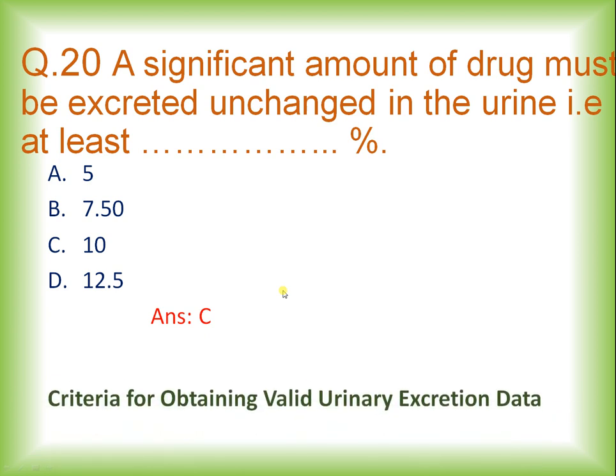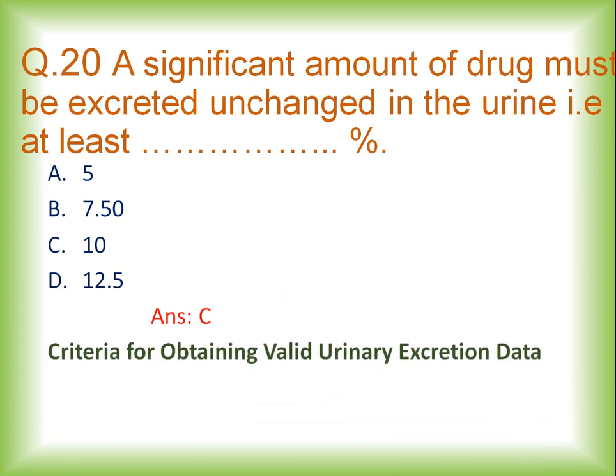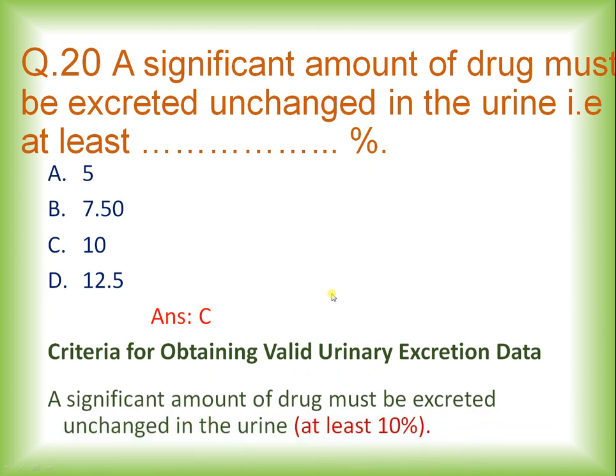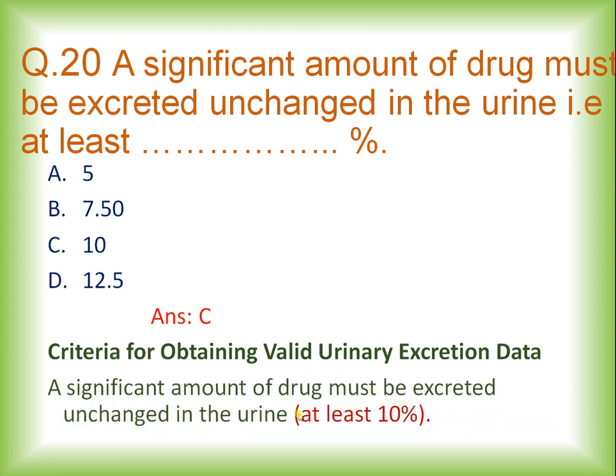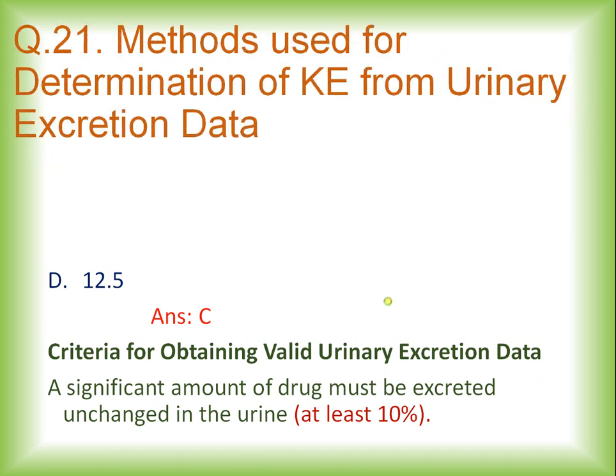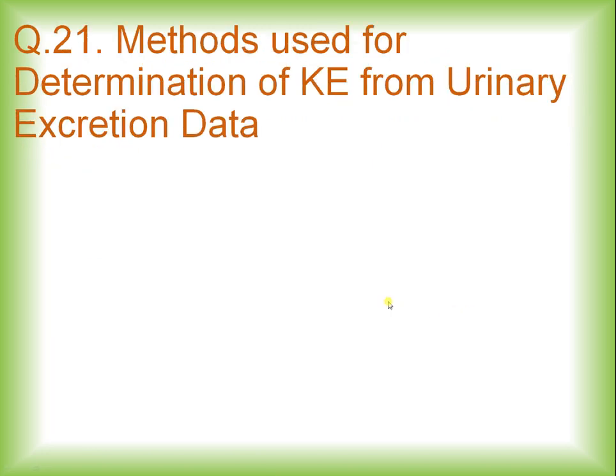So whenever urinary excretion studies are carried out, there are criteria which we have to follow. So for obtaining valid urinary excretion data, a significant amount of drug must be excreted unchanged in the urine. At least 10% of the drug should be excreted unchanged in the urine to have a right estimate.